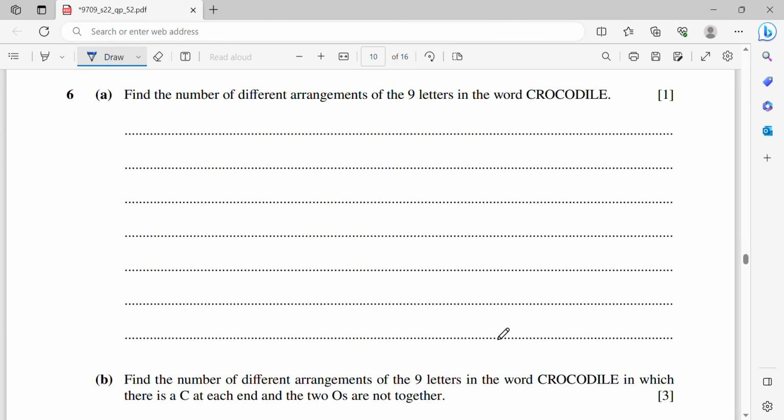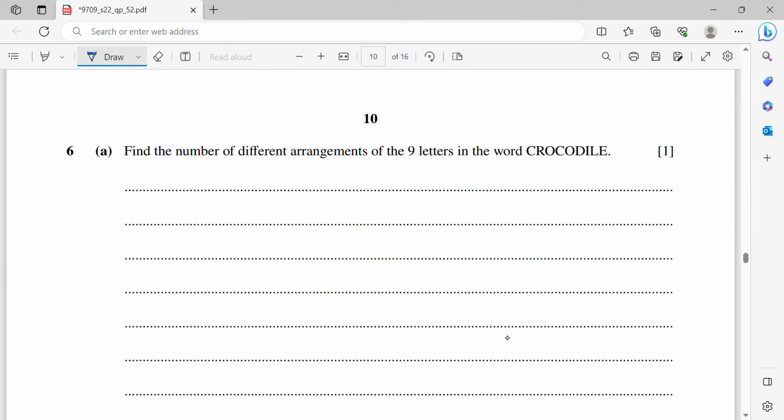Okay, so now question 6. Find the number of different arrangements of the 9 letters in the word crocodile. So from here you have 9 letters. CROCODILE. 9 letters.